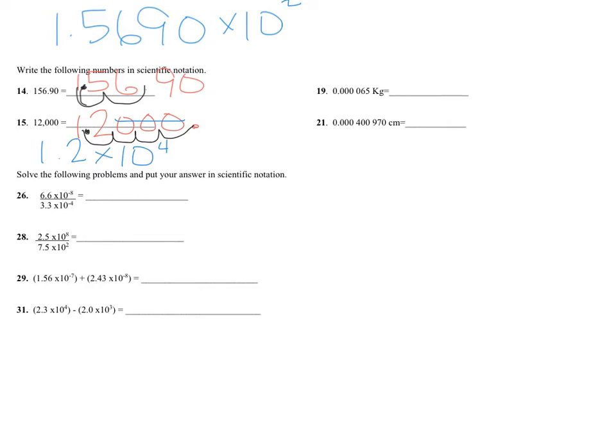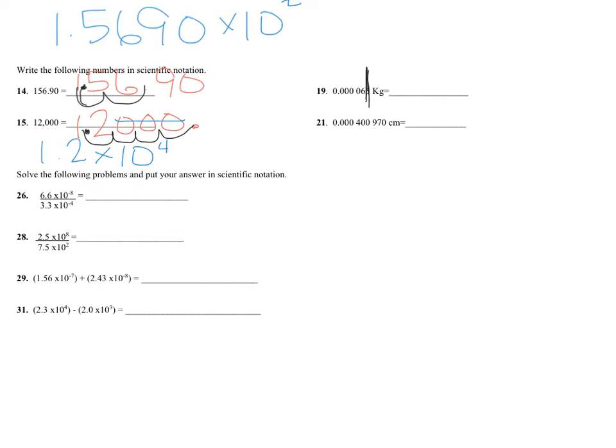The next two examples are going the opposite direction. We're moving our decimal point to the right. So I'm not going to rewrite those numbers. They're very, very long. But you can see that we want our decimal to go right in between the 6 and the 5 right here.